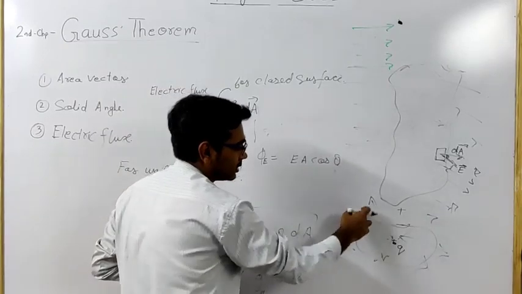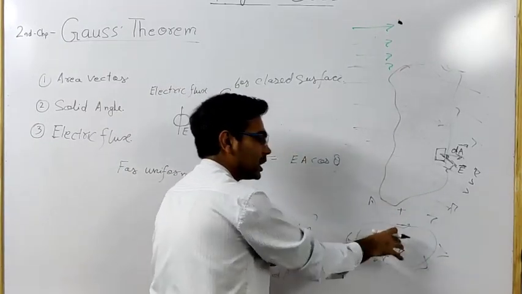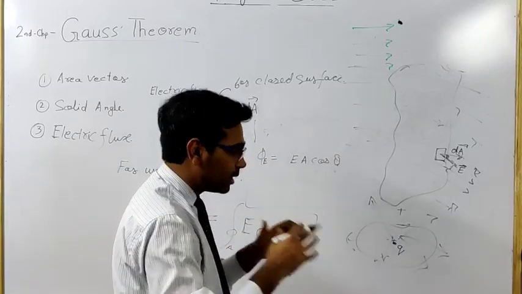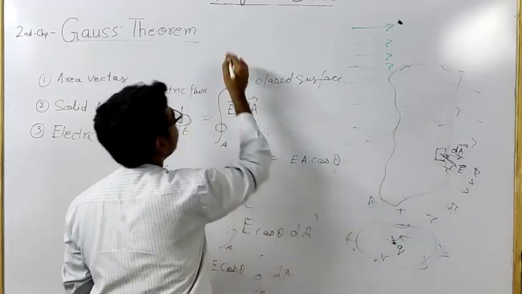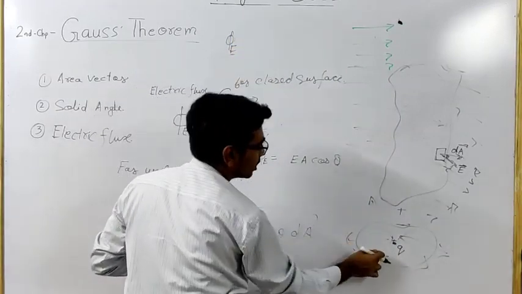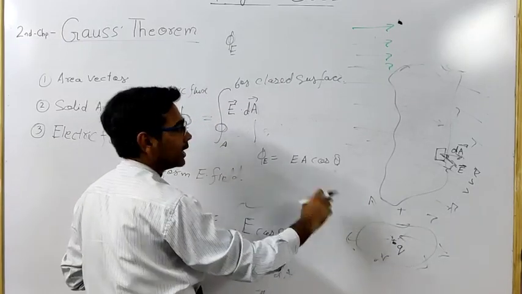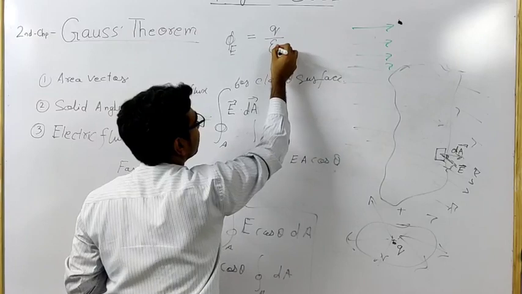These lines of force pass through this imaginary surface in which the charge is placed. So there will be an electric flux through this closed surface. Gauss theorem says that the flux of this closed surface with a charge Q inside will be equal to the amount of charge divided by epsilon naught.